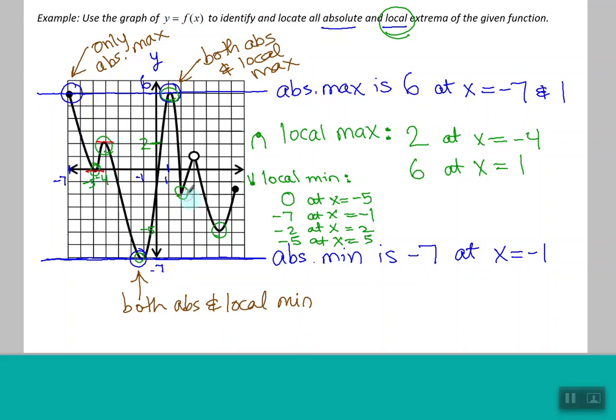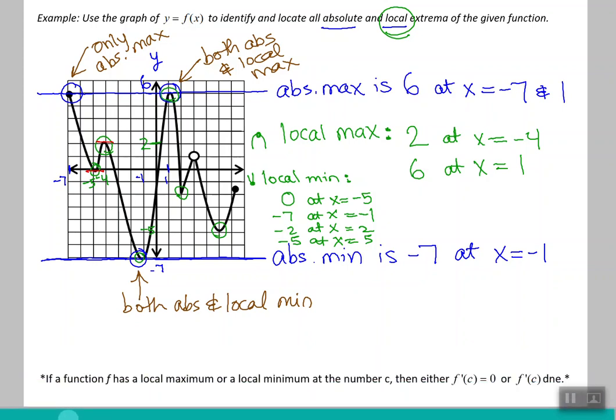When it's a sharp point, that slope does not exist. So let's think about that in relationship to derivatives, that if a function f has a local maximum or a local minimum at the number c, then either the derivative at c will equal 0 or the derivative at c does not exist.